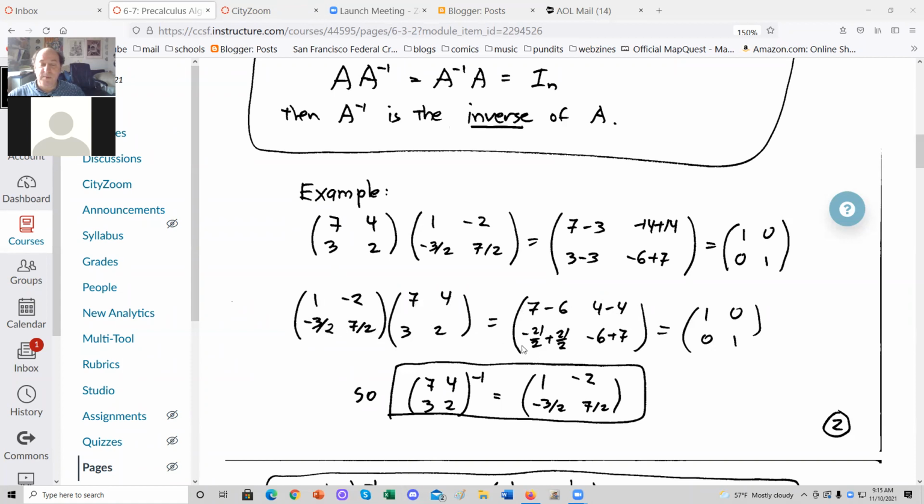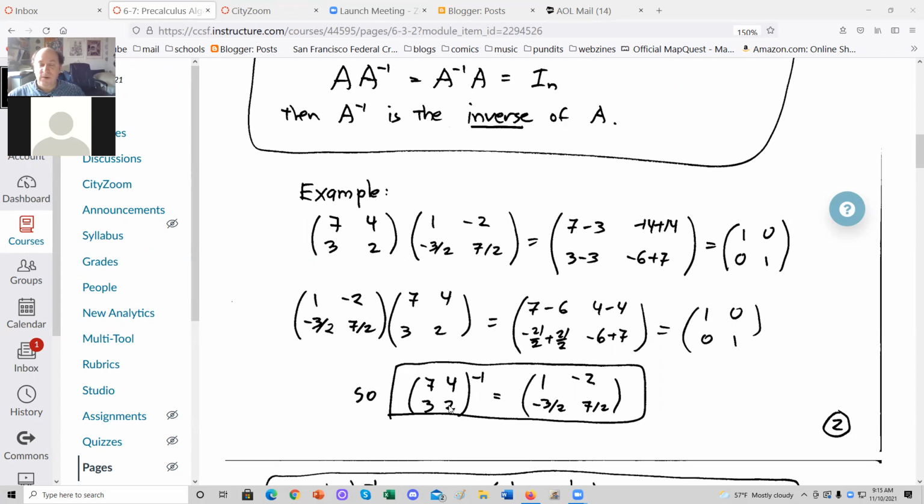Minus 3 halves times 7 is minus 21 over 2. 7 halves times 3 is plus 21 over 2. These add to 0. And lower right entry is lower row times right column. Minus 3 halves times 4 is minus 6. 7 halves times 2 is 7. Negative 6 plus 7 is a 1. So when you multiply either way, you get the 2 by 2 identity.